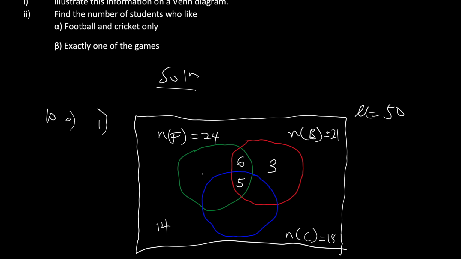We don't know the number who like only football, so that will be our A. Only cricket will be our B. Football and cricket only should be our C, and basketball and cricket only should be our D. So this will be our information on a Venn diagram.